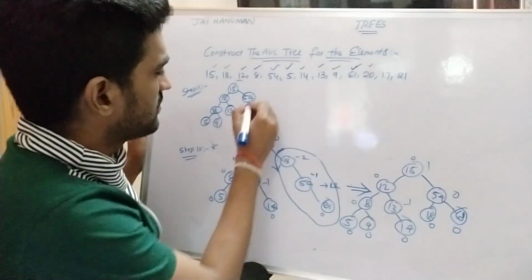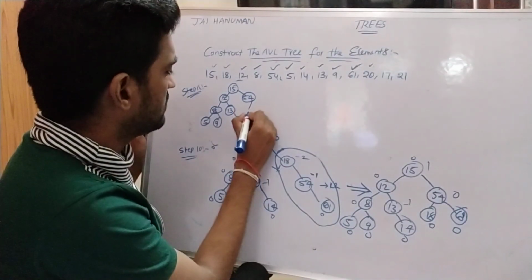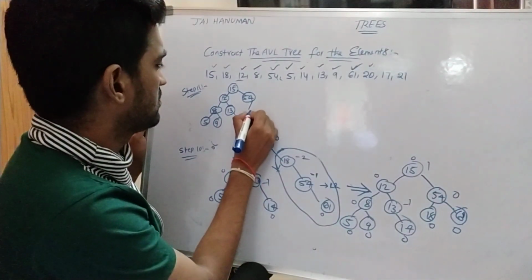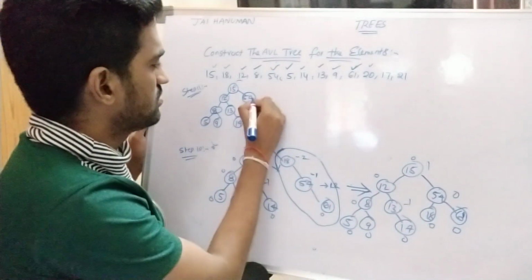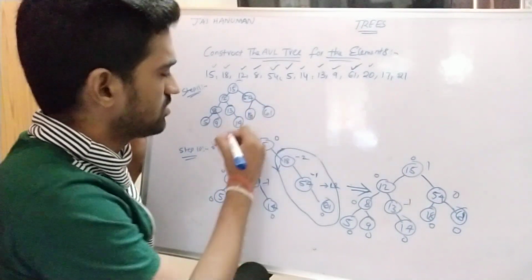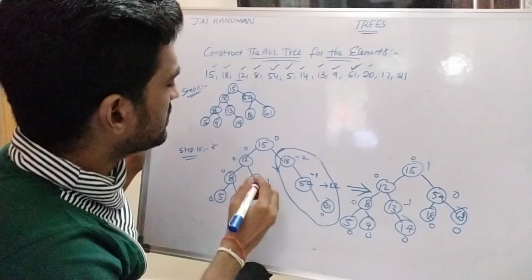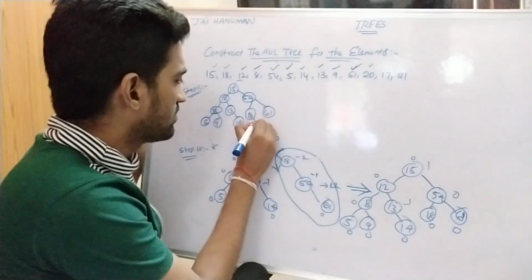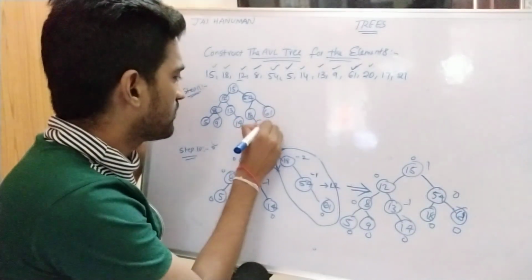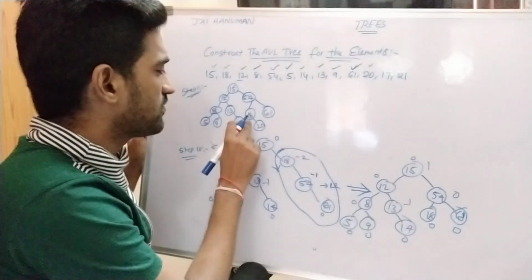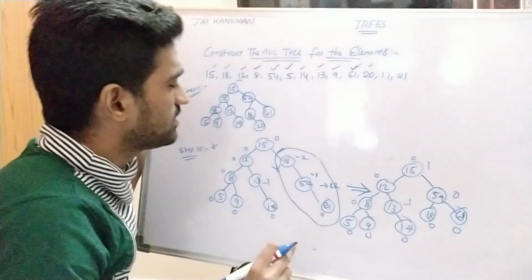Then 18, 61. So we are placing 20 at right of 18. Right of 18. Right?